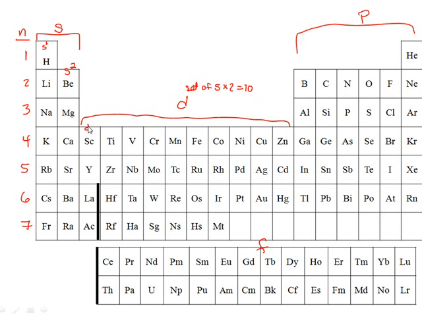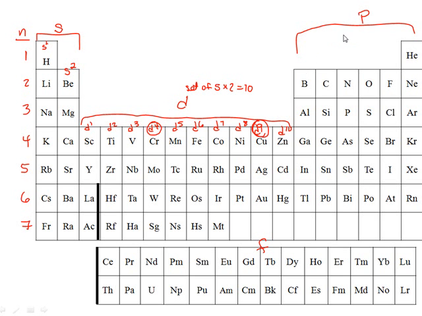So 5 orbitals can hold 10 electrons. So we have d1, d2, d3, d4. I'm going to circle this one because something special happens there. d5, d6, d7, d8, d9. Again, something special happens here. And d10 if it's filled.